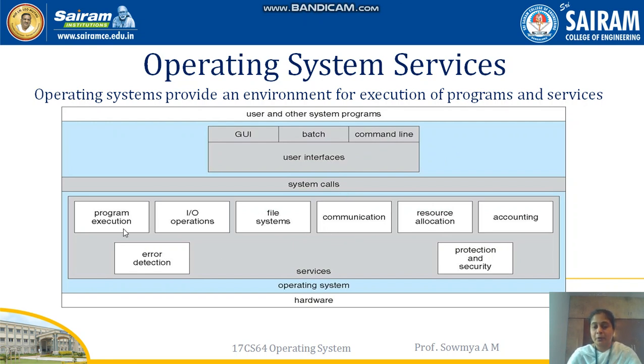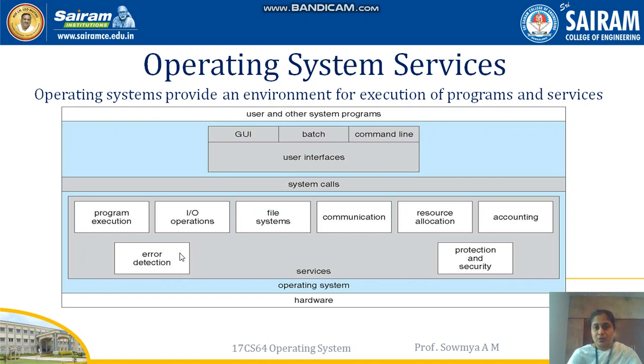Services provided by the operating system are program execution for execution of user processes, input output operations, file systems, communications, resource allocation, and so on. Accounting is a service provided by the operating system to maintain and account for all the services happening under the operating system.